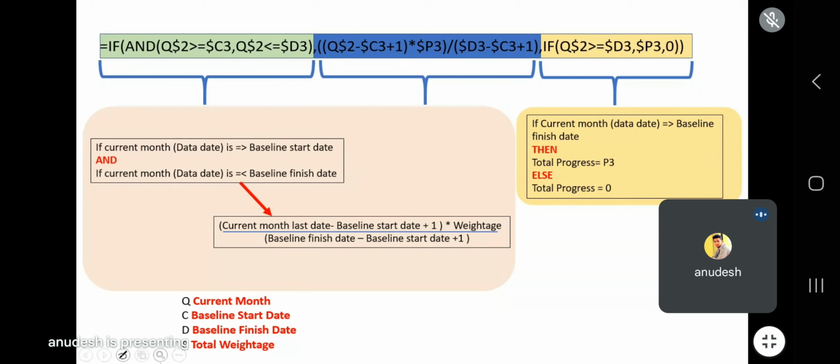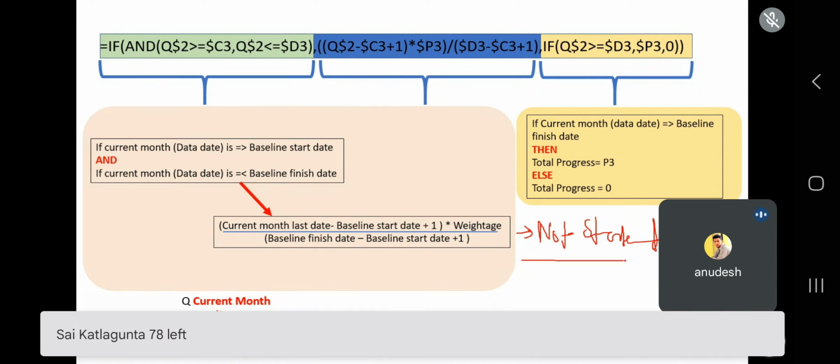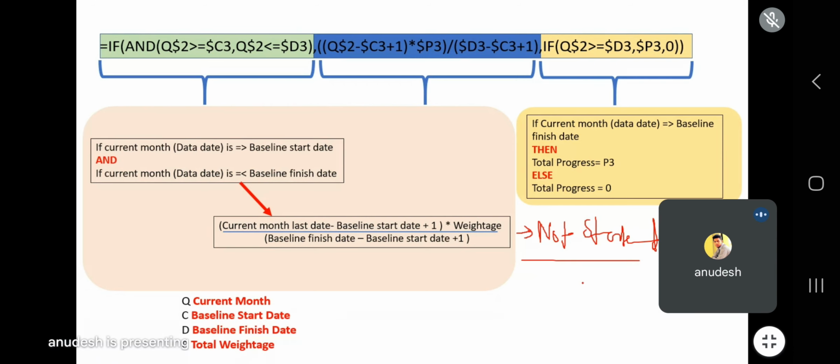So my question to all of you is: if the activity has status not started, let's say there is a project which has only one single activity and the status of that activity is not started, what do you think the progress of the project will be, and what will the progress be if that activity is completed?